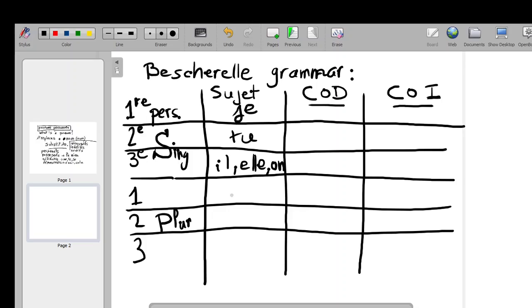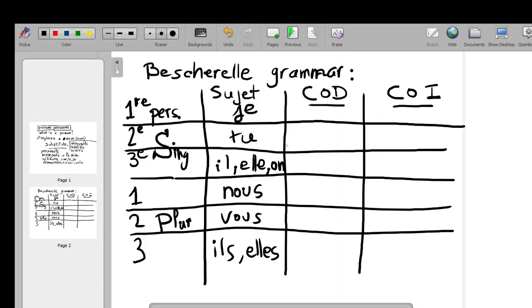So il, elle, on. And then au pluriel, nous, vous, ils, elles. Yeah, always put a dot on the i. Okay? So on is only singular. So je, tu, il, nous, vous, ils. When you do conjugation, that's what you do. Je parle, tu parles, il parle, nous parlons, vous parlez, ils parlent.